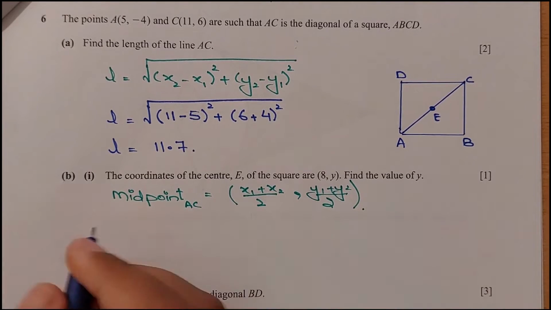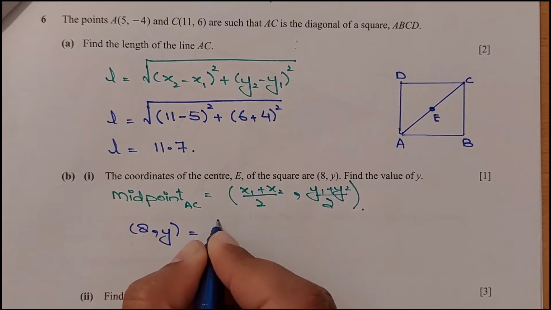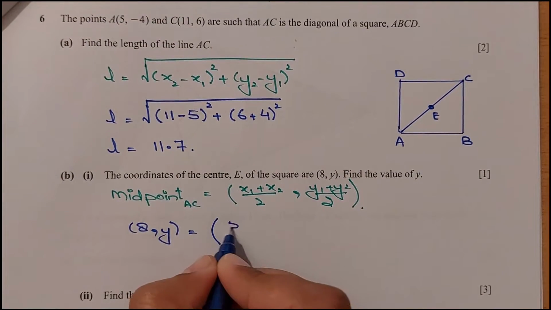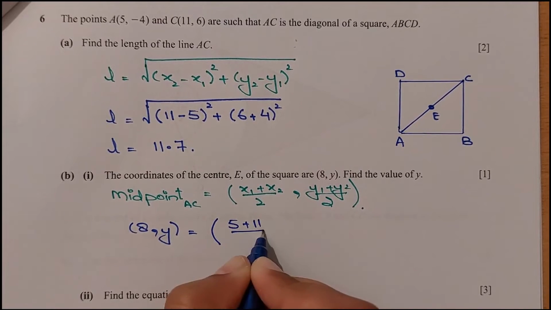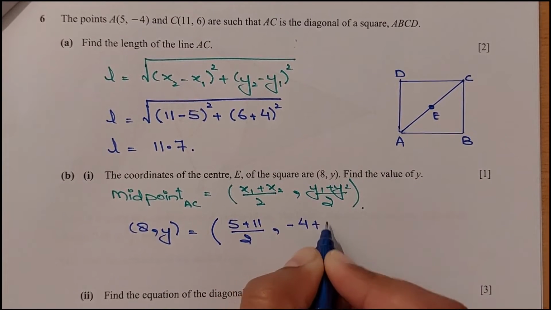So the midpoint (8, y) equals, with A and C given, 5 plus 11 divided by 2, and -4 plus 6 divided by 2.